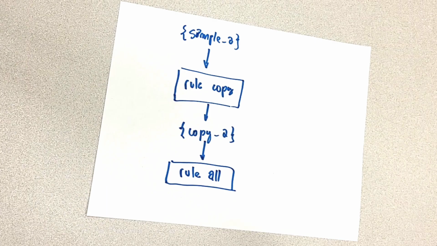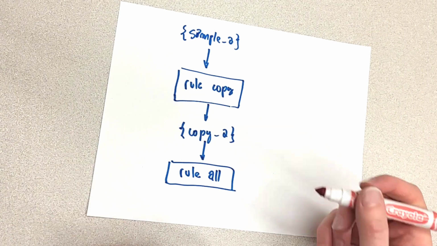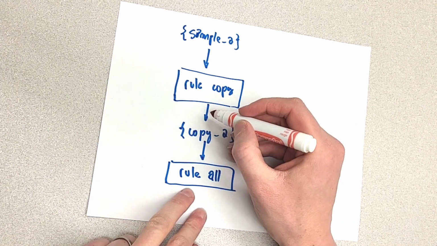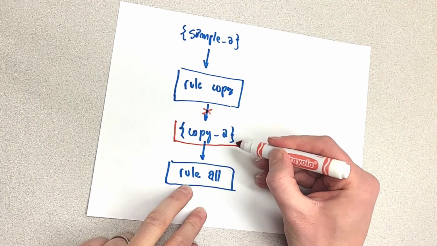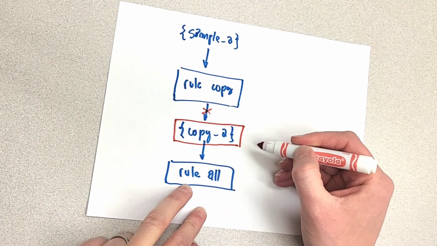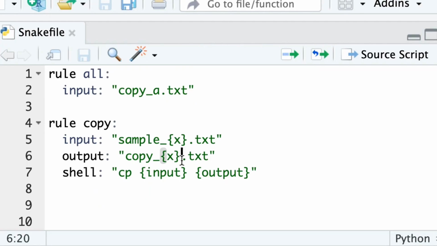Now let's move on to the missing input, and this is when there is a disconnection between the output and the input of rules. In this case, for example, if rule copy doesn't generate copy.a, the rule all will start complaining.